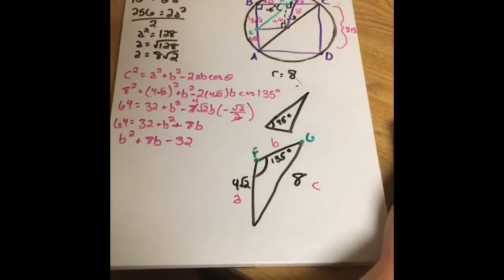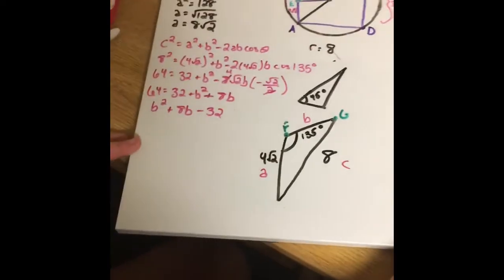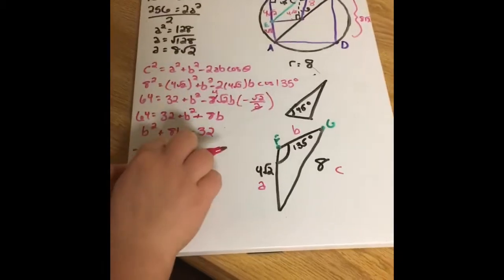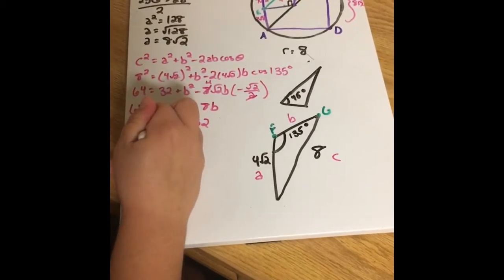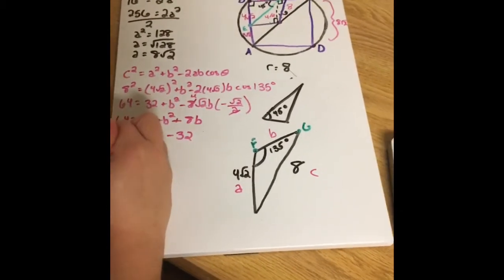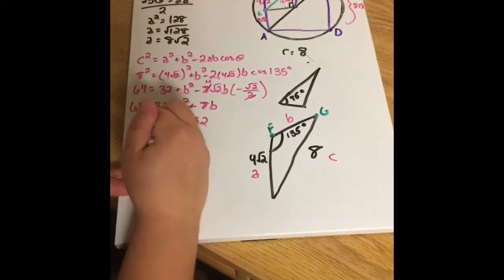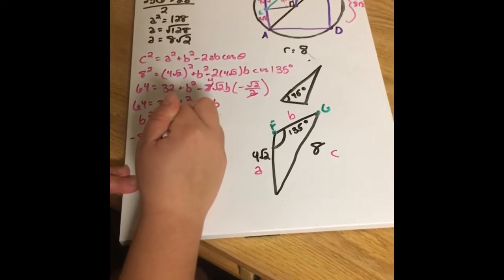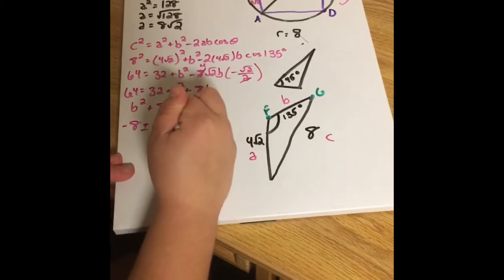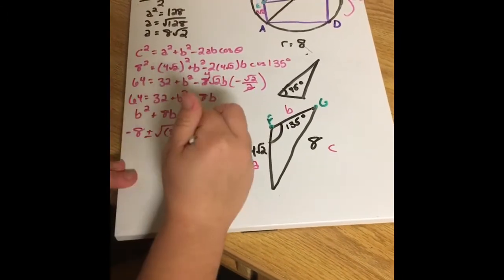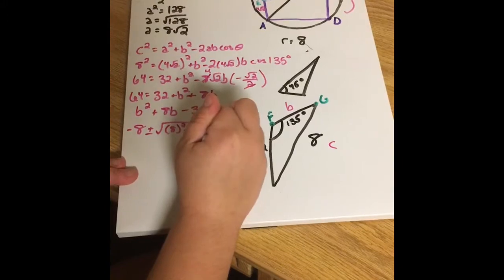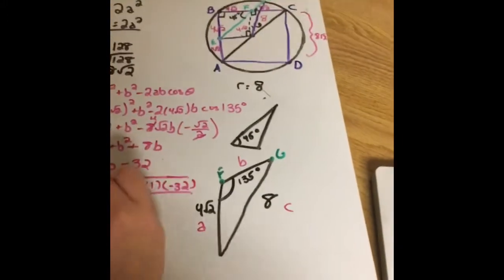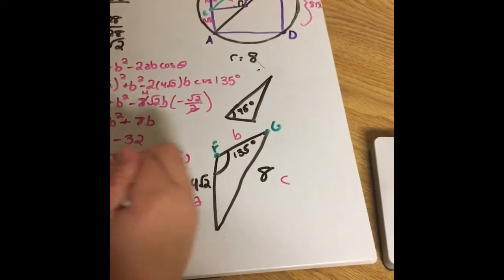Now we can't factor this, so what we have to do is put it into the quadratic formula. So we have negative B, which would be negative 8, because we're going by the coefficients, not our actual variable, plus or minus the square root of B squared, which is 8 squared, minus 4 times A, which is just 1, times C, which is negative 32, over 2 times A, which is just 1.